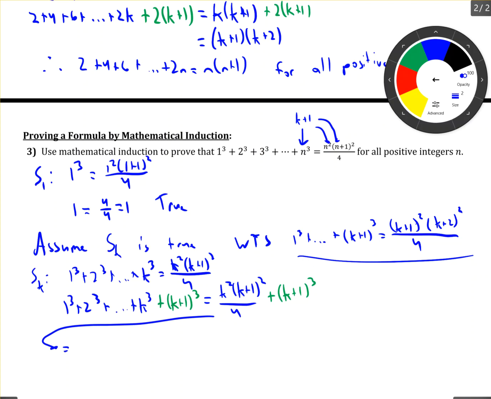So I get k squared times k plus 1 squared over 4 plus 4 times k plus 1 cubed over 4. Now notice, what do these both have in common? The first term has a k plus 1 squared, the second one has a k plus 1 cubed, so I can factor a k plus 1 squared out.